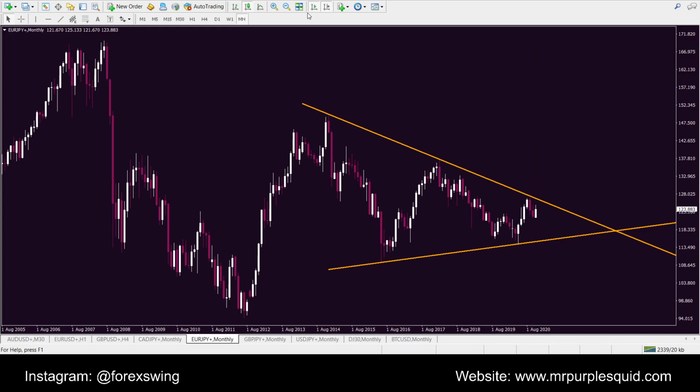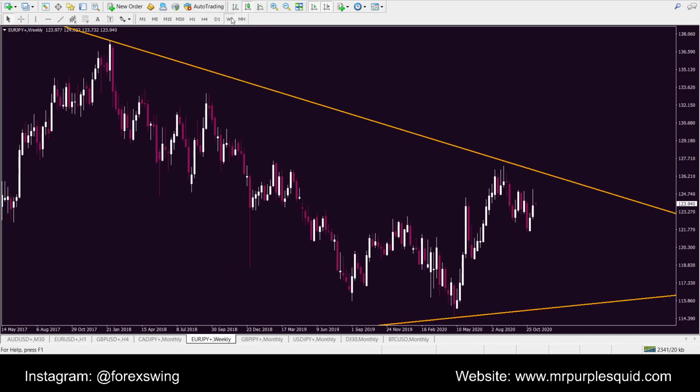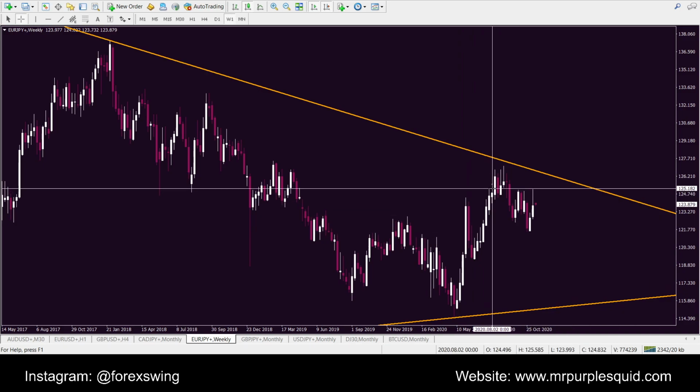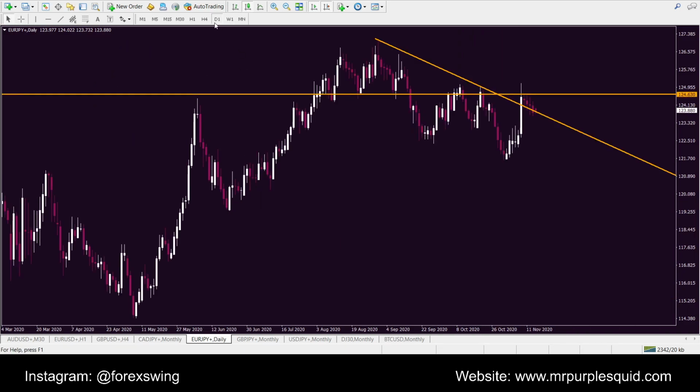Weekly. Yes, we're seeing a bearish move right here. Resistance, resistance, resistance.